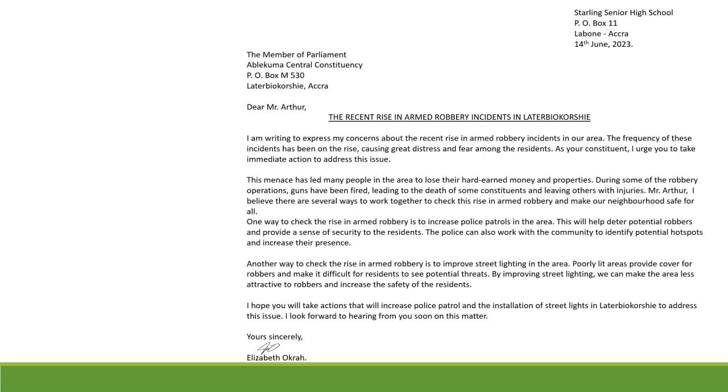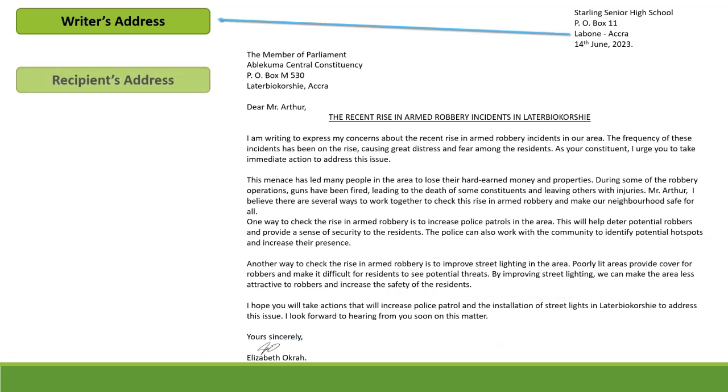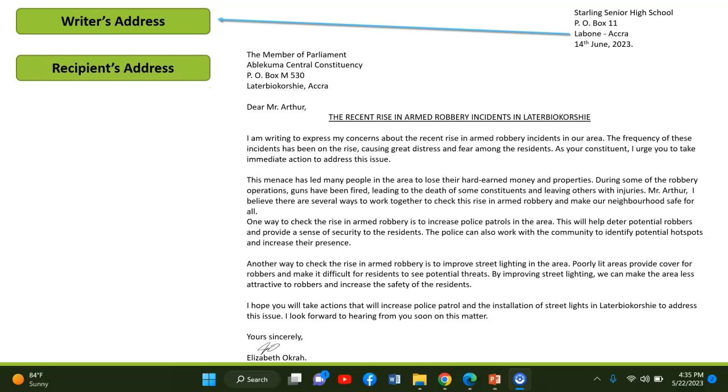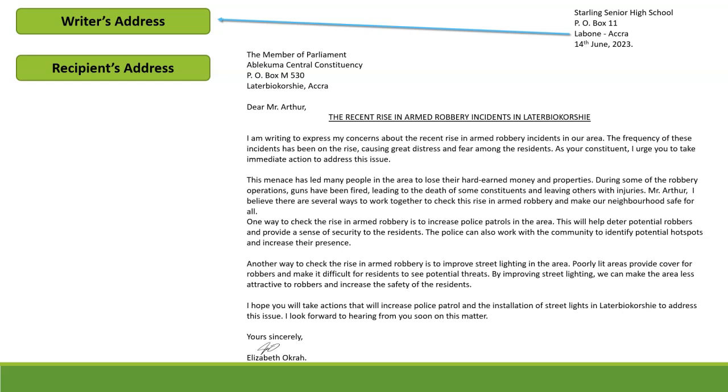Let's take a look at a sample. Starling Senior High School, P.O. Box 11, Labonia, Accra. And we also have our date, and that is the writer's address and the date well written. Then we move on to the recipient's address, and the recipient's address has the title of the person we are addressing this to, and this person is the Member of Parliament of Ablekuma Central Constituency, and the address is right there as well.